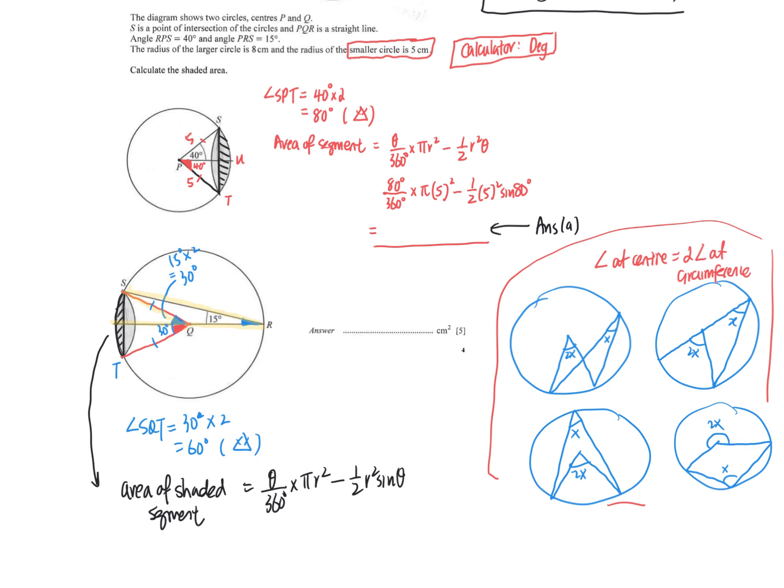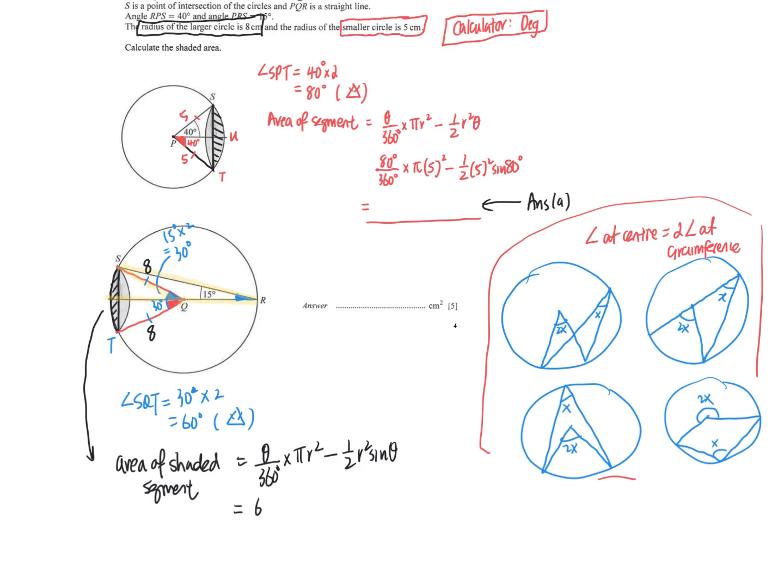This is the formula I'm using. But the angle is different. The radius is also different because they say the radius of the bigger circle is 8 cm. So this thing here is 8. Just take note of the difference. Everything else is the same. 60.